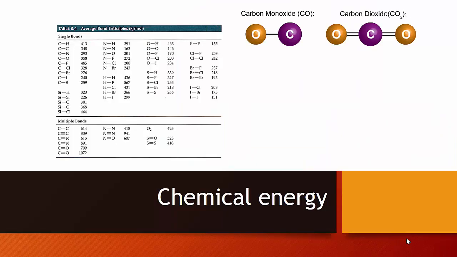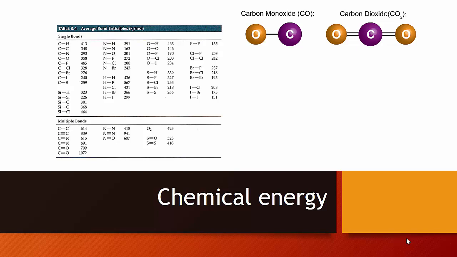That bond energy has actually been determined for many different types of chemical bonds. We've got tables like this that exist in even the most simple textbooks now, where we see the type of bond, a carbon-hydrogen bond, a nitrogen-oxygen bond, and the amount of energy associated with it.